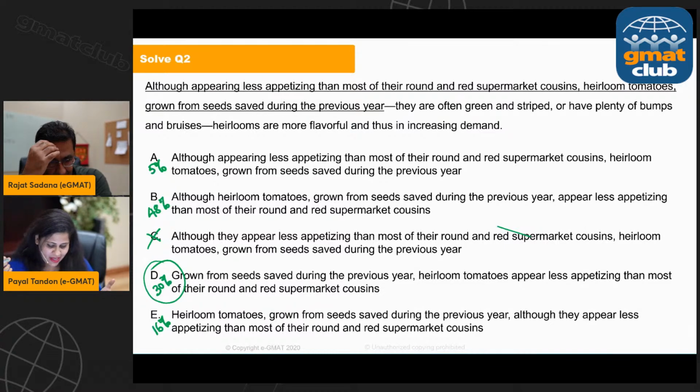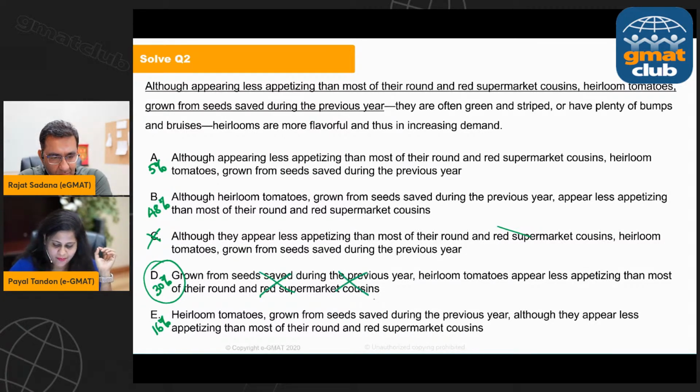All this sentence is doing is stating the facts. The author through choice D is not presenting any contrast. The author is simply saying that heirloom tomatoes appear less appetizing, and heirloom tomatoes are more flavorful. The author is just stating two different facts about heirloom tomatoes. The contrast is gone altogether, which is the only reason why choice D is absolutely wrong.